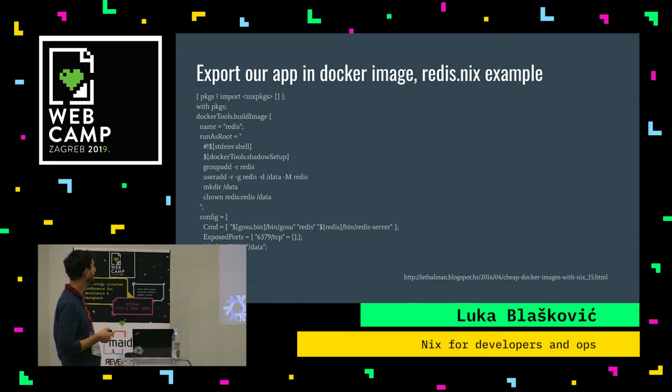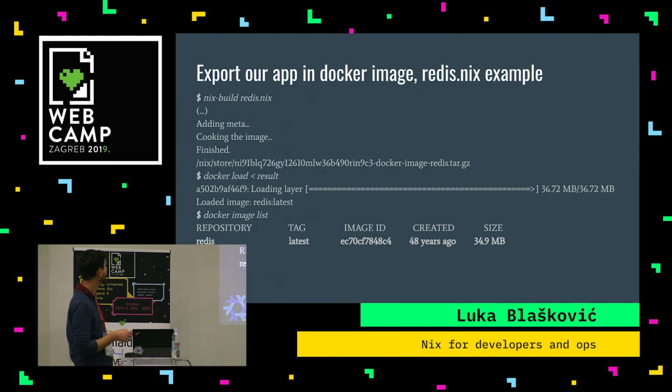It will run some shell script, create a data directory for Redis, set up permissions, export some ports, and in the end run Redis. It will also export the volumes, so we can remount them to other containers or whatever we want.